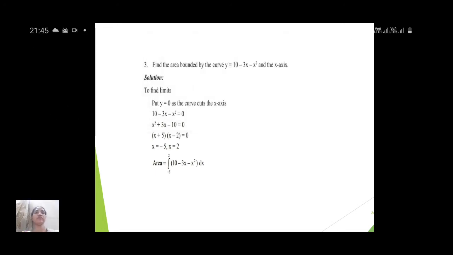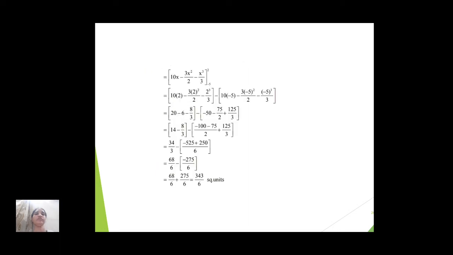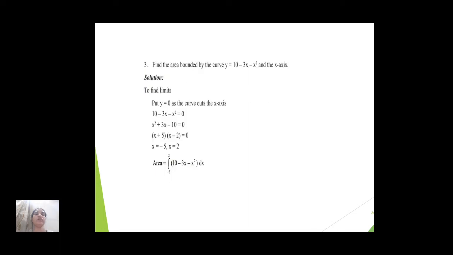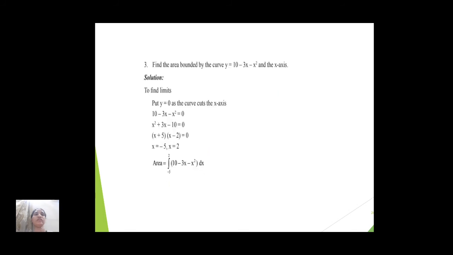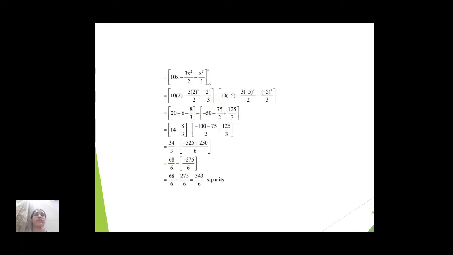Area equal to integral minus 5 to 2 of 10 minus 3x minus x square dx. Integral 10 means 10x, integral 3x means 3x square by 2, integral x square means x cube by 3, with limits minus 5 to 2.